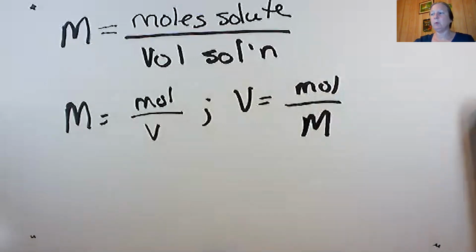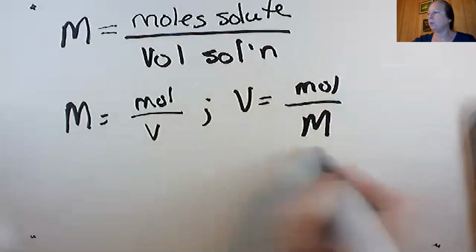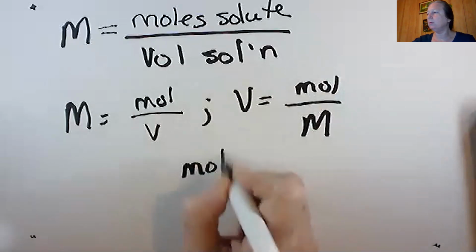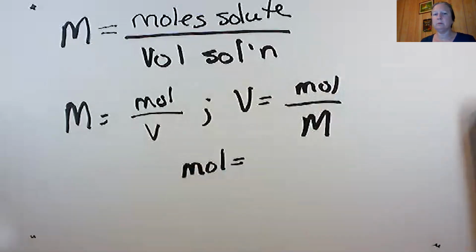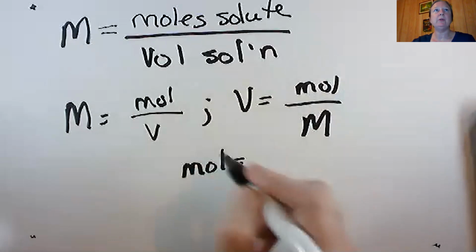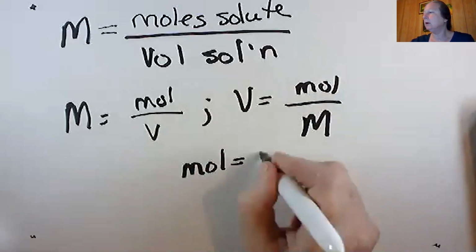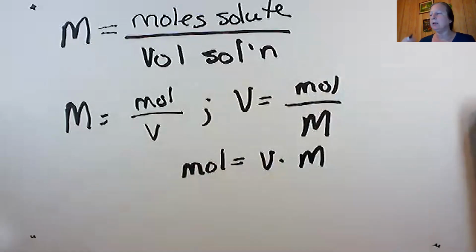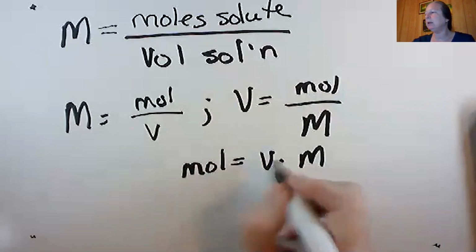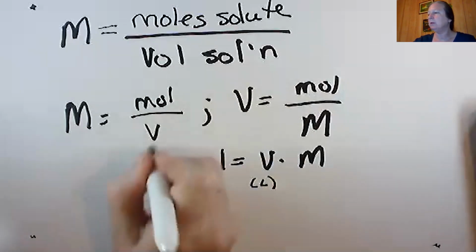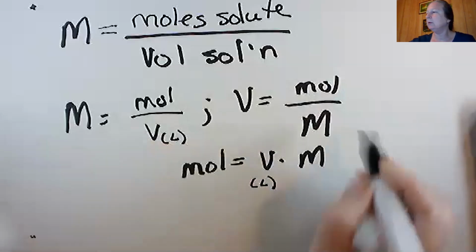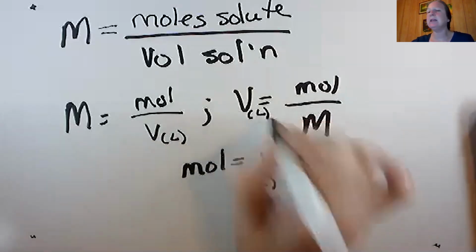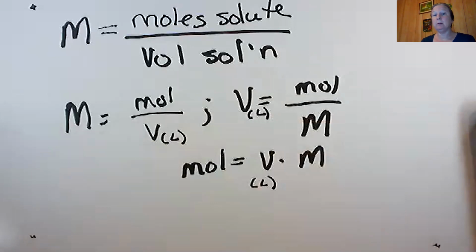You're generally given molarity. And then the third way is we can solve for moles by rearranging: volume times molarity. And again, remember, this volume has to be in liters, because that's the definition of molarity.